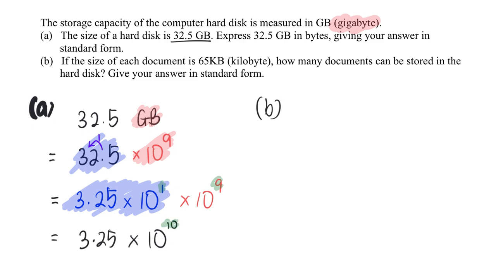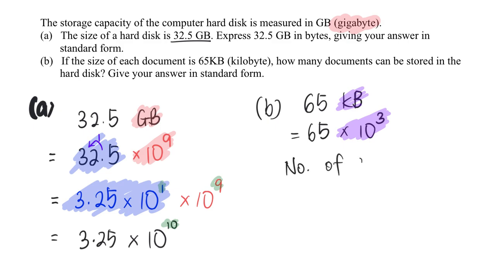Part B, the size of each document is 65 kilobyte. So 65 KB is simply 65, kilo is 10 to the power of 3. How many documents then can we find? So the number of documents is simply equal to division, right?